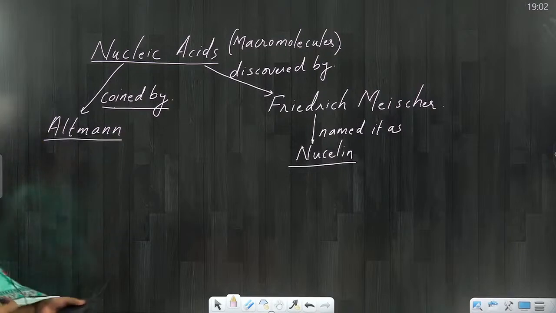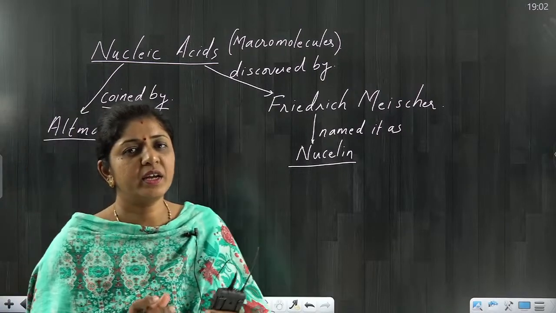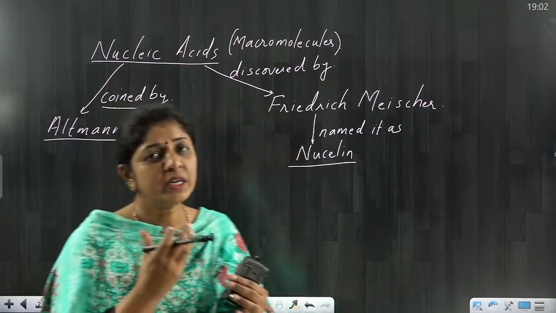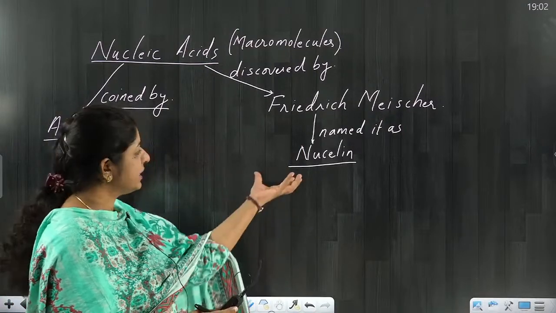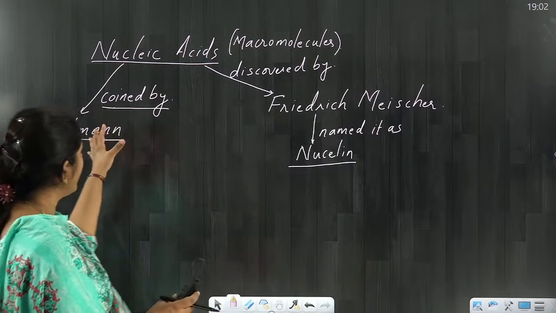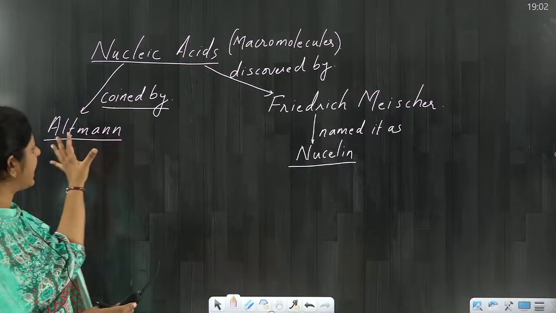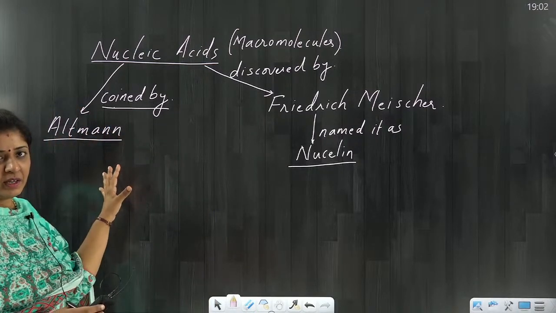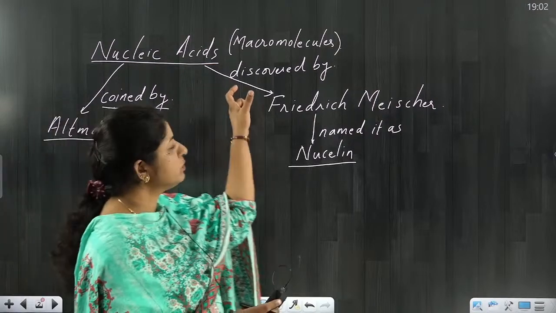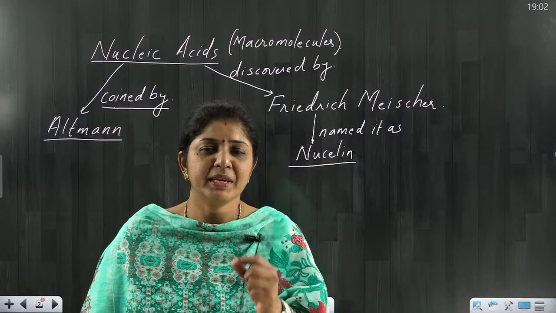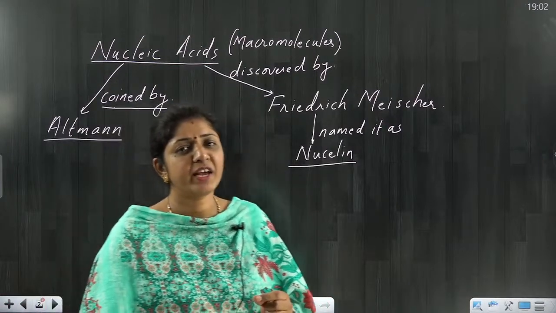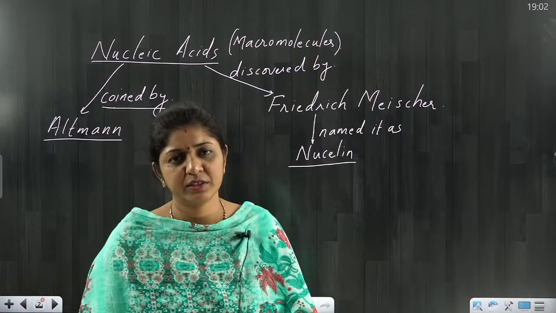So this is a small bit of history regarding nucleic acid. Who discovered it? Friedrich Miescher, but he named it nuclein. But who gave the term nucleic acid? That was the scientist Altman. And in between I introduced one word to you, macromolecules. It means they have a molecular weight of more than 10,000 Daltons.